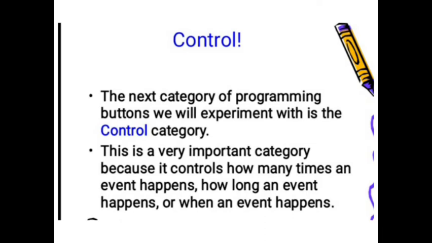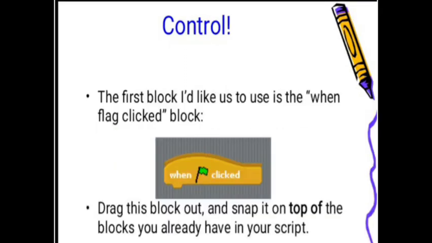Next is control. The next category of programming buttons we will experiment with. This is a very important category because it controls how many times an event happens, how long an event happens, or when an event happens. The first block I would like us to use is the when flag clicked block.